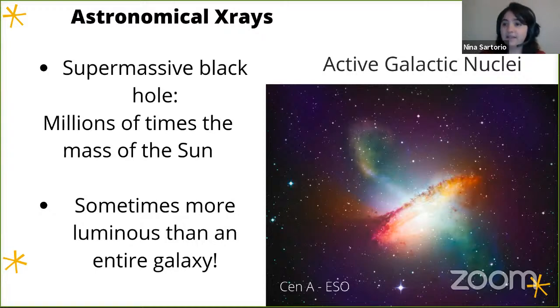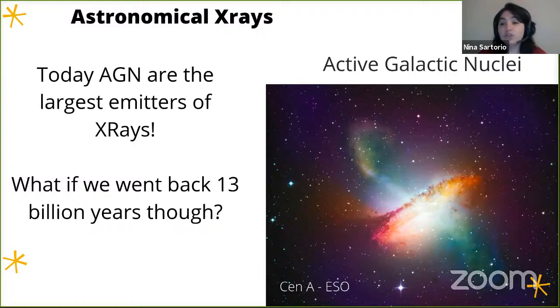And the accretion on those objects is so monstrous that sometimes they are more luminous than the rest of the entire galaxy in which they are placed. So they emit a lot of radiation, and they're very bright. Today, these AGN are actually the main emitters of X-rays.